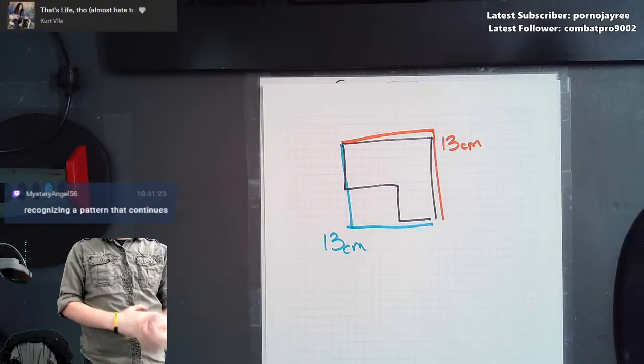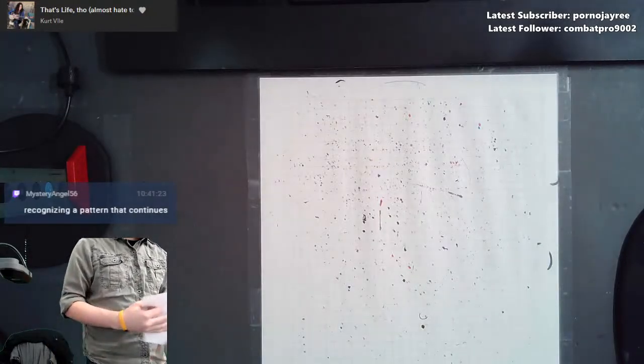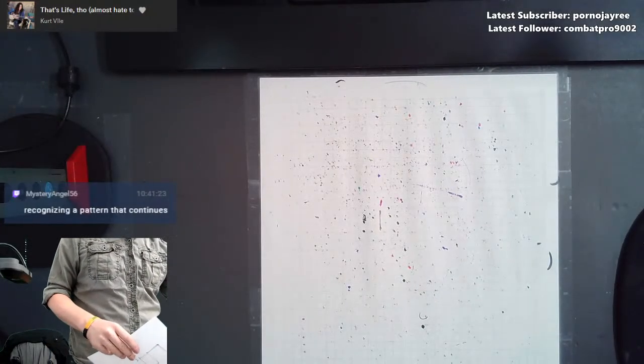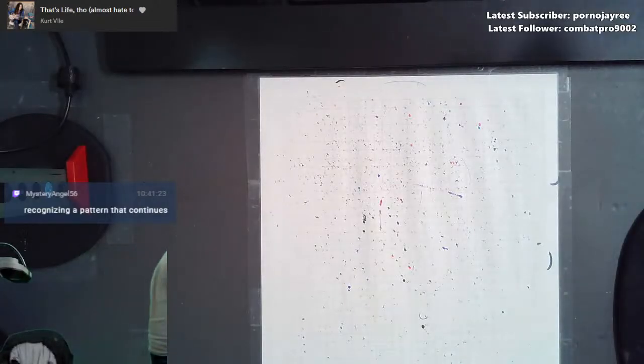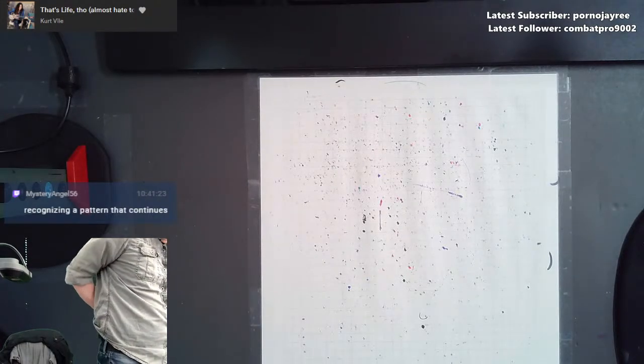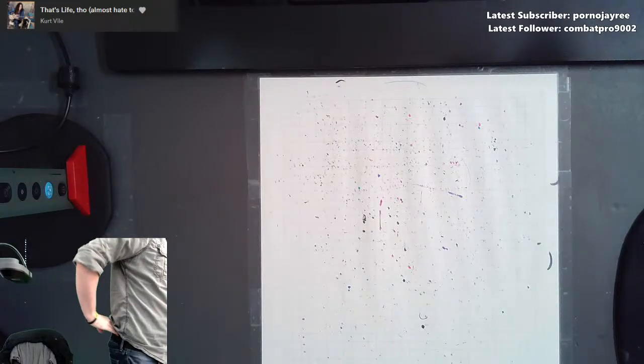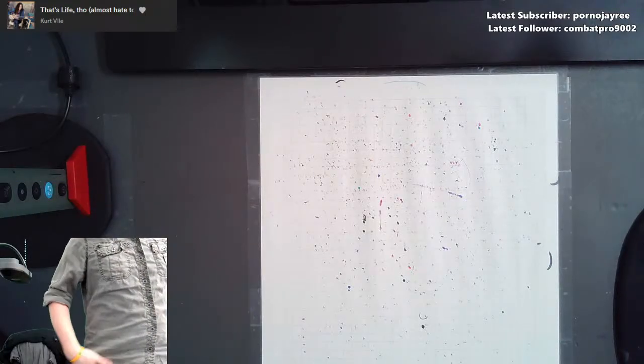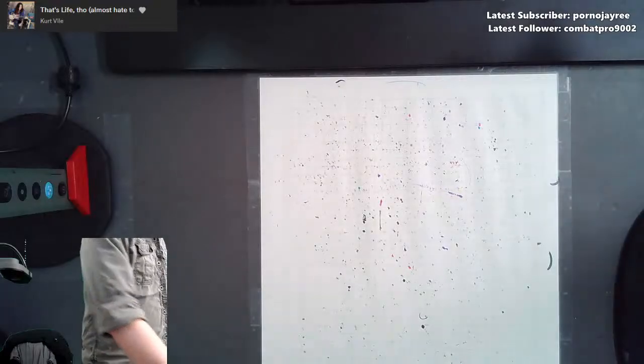Recognizing a pattern that continues, there are lots of patterns that continue. That doesn't mean there has to be numbers that repeat forever. So for instance, Lily, how do you prove that root 2 is irrational? Because that's what we're talking about, right? How do we prove that there are numbers that go on forever? If you can prove that, then you know that there are numbers that go on forever, never repeat.